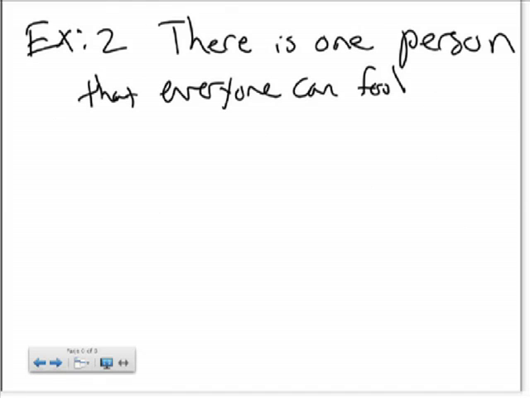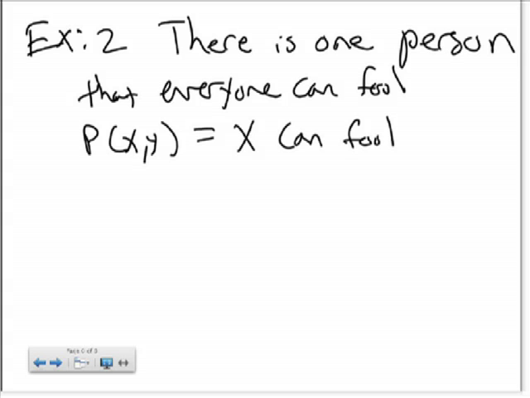So that's using math, and then this one is a little bit harder. The sentence we're given here is, there's one person that everyone can fool. Let's say we have a proposition P(x, y), and this says that x can fool y, where x is a person and y is a person.